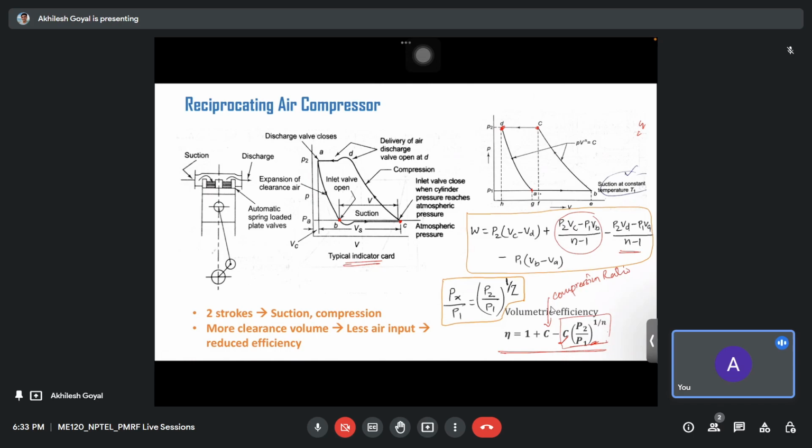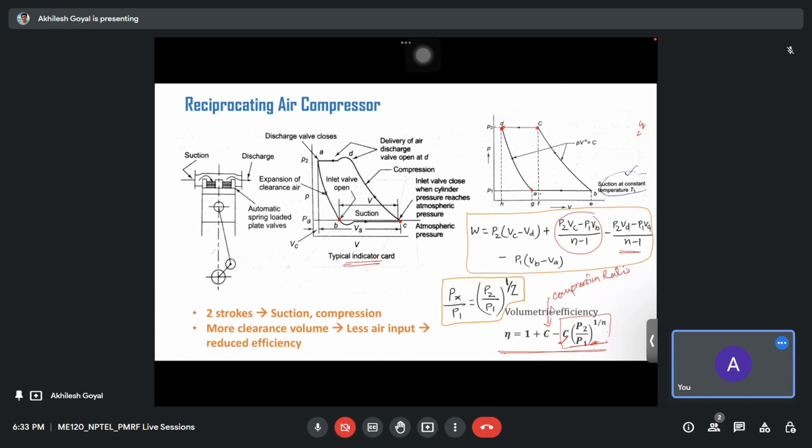Similarly, we can say the volumetric efficiency depends on clearance volume as well as the pressure ratio, and it decreases as we increase the clearance volume and pressure ratio. So that's how the pressure ratio and clearance volume affect the volumetric efficiency of a reciprocating air compressor.